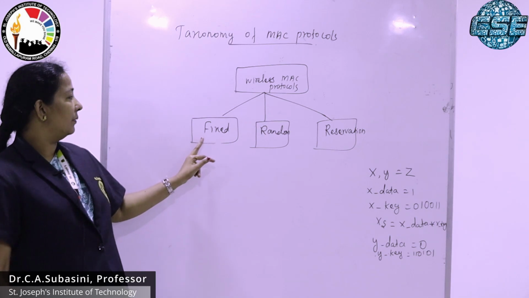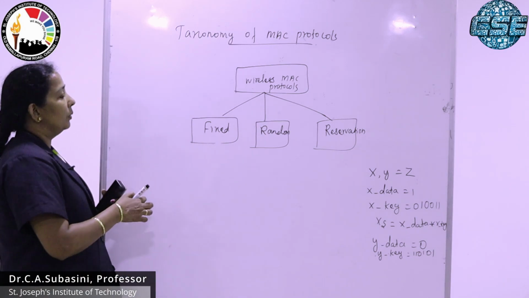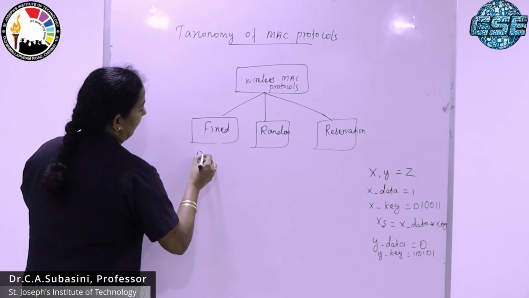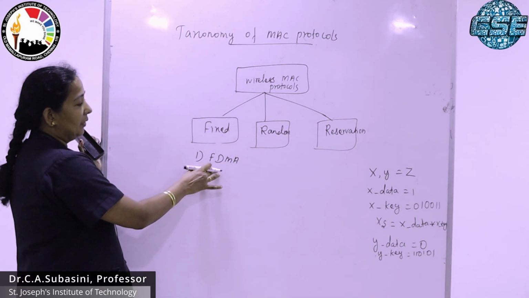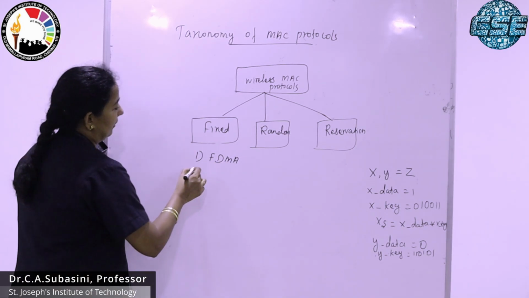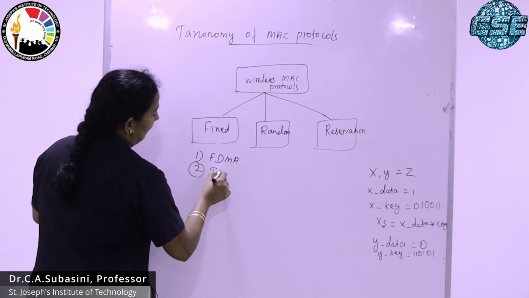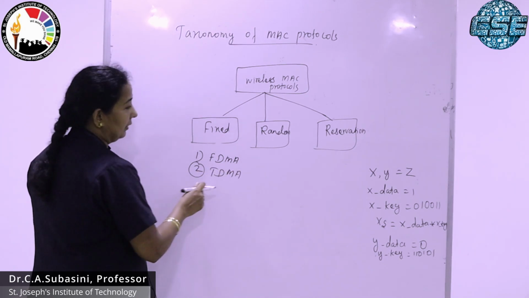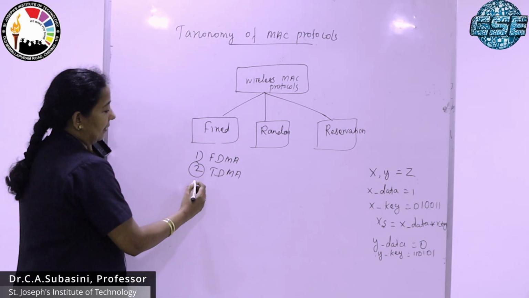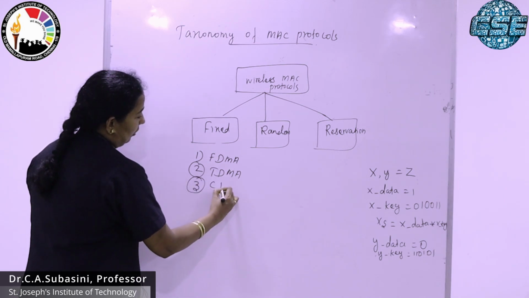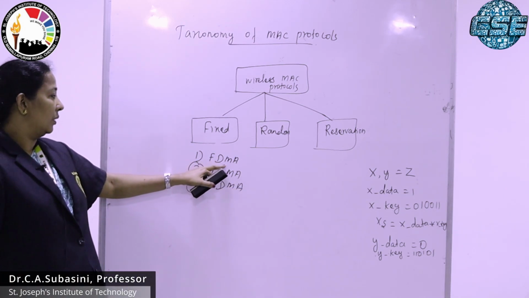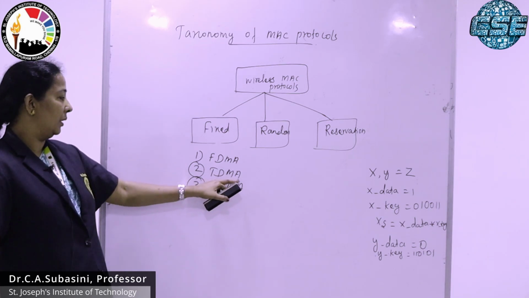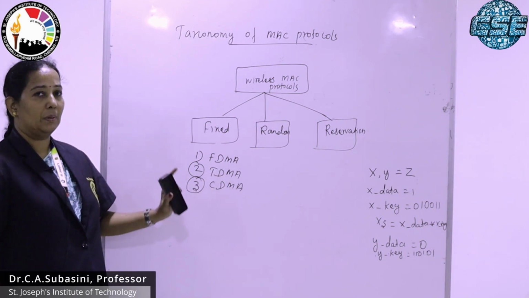In the fixed assignment scheme, we use FDMA, frequency division multiple access, TDMA, time division multiple access, and CDMA, code division multiple access.